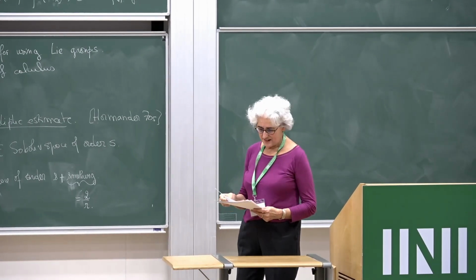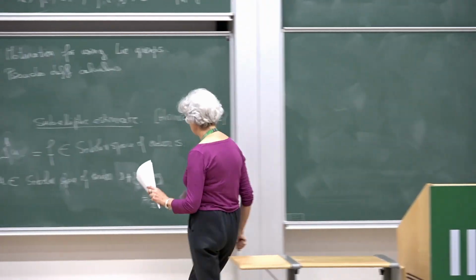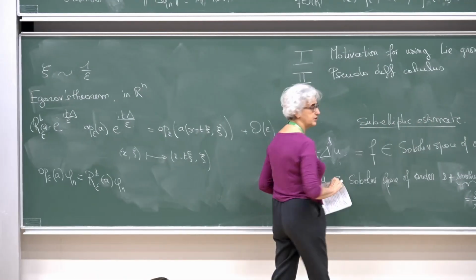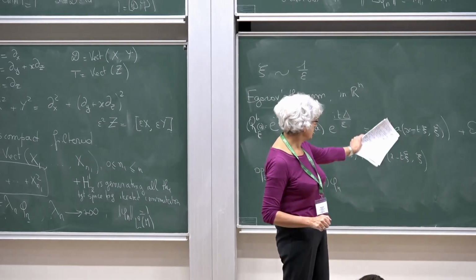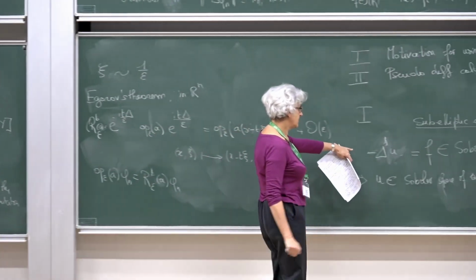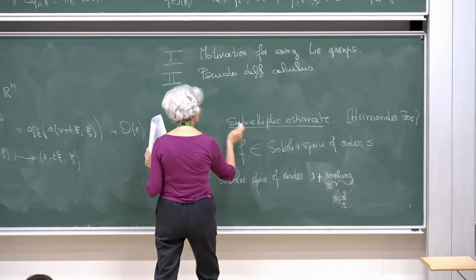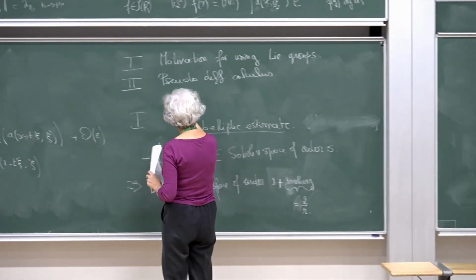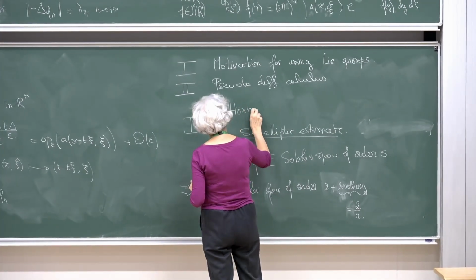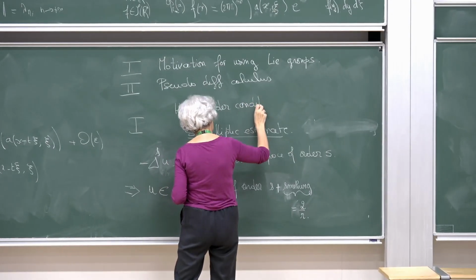So I wanted to discuss the motivation for Lie groups, and I am slightly making a movement to the 1970s. What Hormander did is to give this condition, the Hormander condition, on the sum of squares.